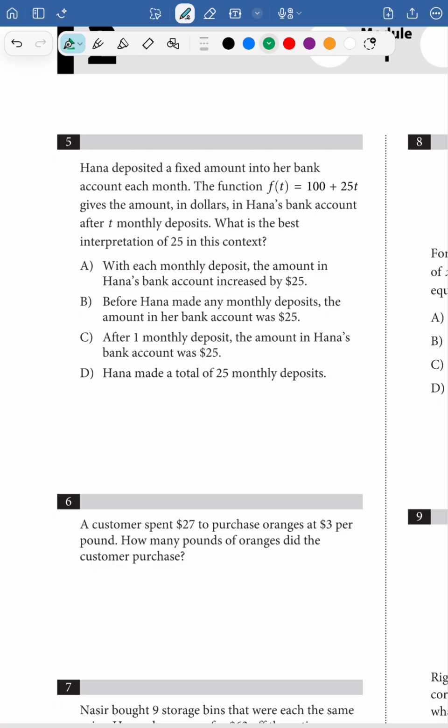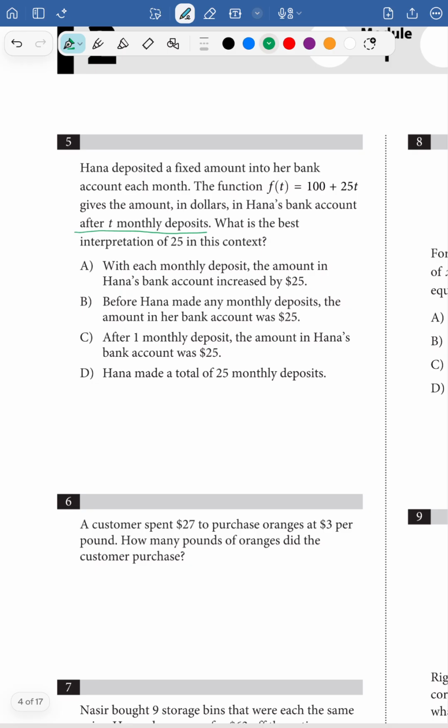This is more of an interpretation type of question. What you do have to know is that this is the most important piece of information. T monthly deposits. So T is equal to the amount of months or monthly deposits.